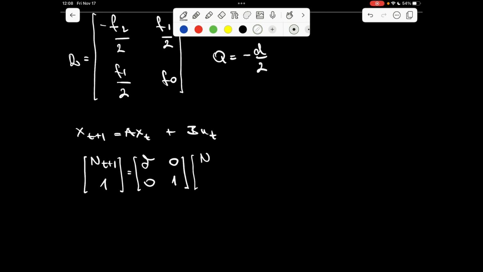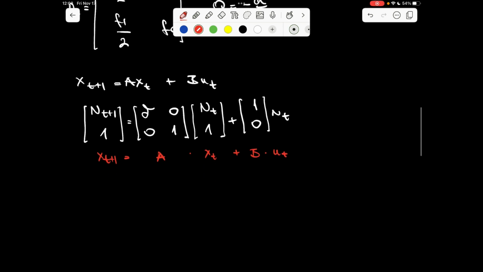Here we go. And in the language of the optimal linear regulator, this is matrix A, this is the state vector in period t, this is B, and this is u_t. So we are done.